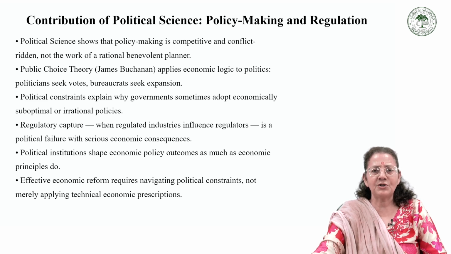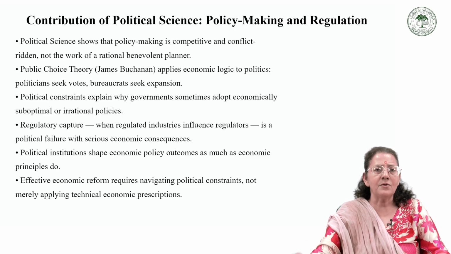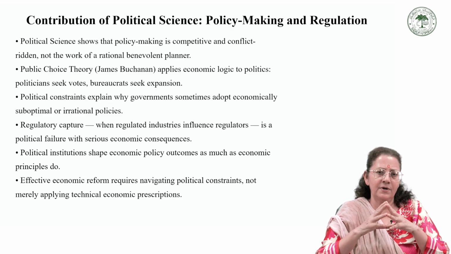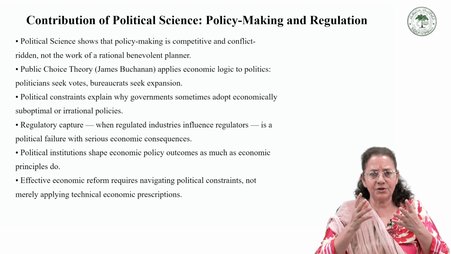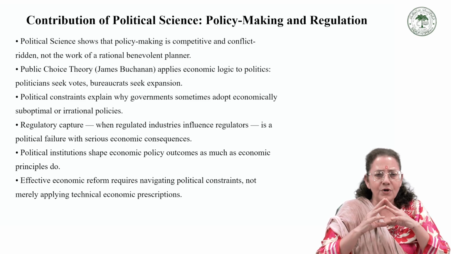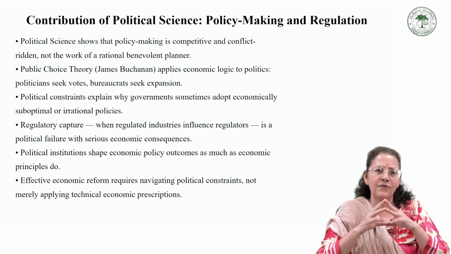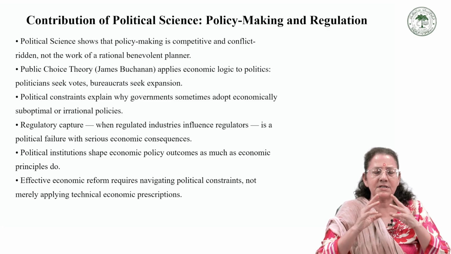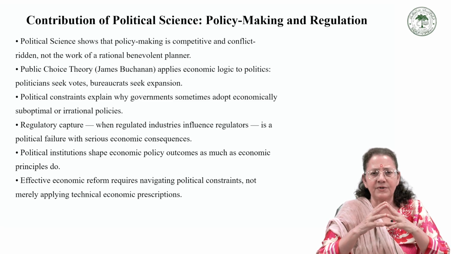The field of public choice theory, associated with the Nobel Prize winning economist James Buchanan, built a bridge between economics and political science by applying economic reasoning to political behavior. Buchanan argued that politicians, bureaucrats, and voters are rational, self-interested individuals in the political sphere, just as they are in the economic sphere.